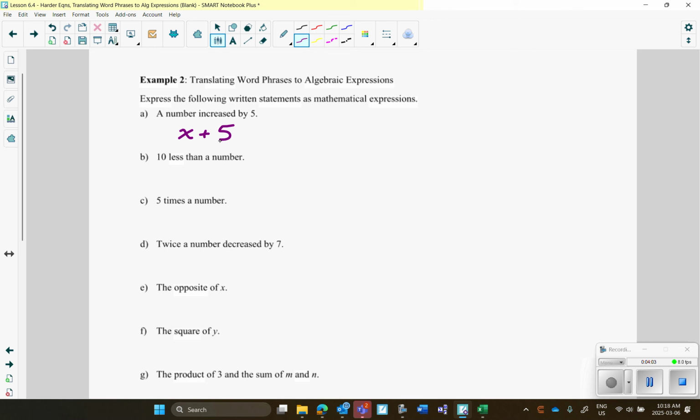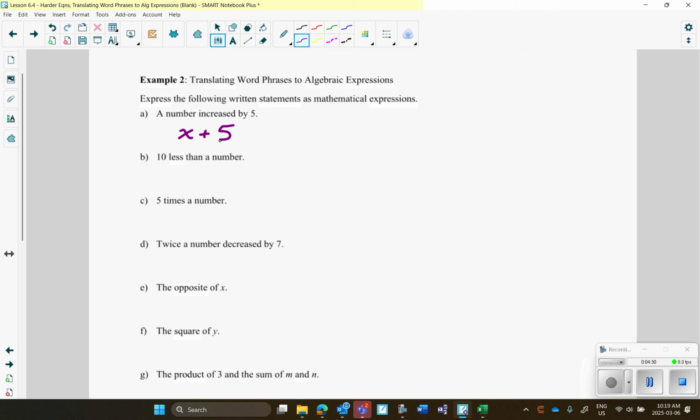Be careful. You sure? It's not 10 minus x. It's 10 less than some number.